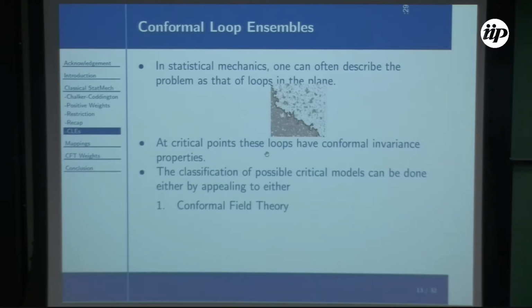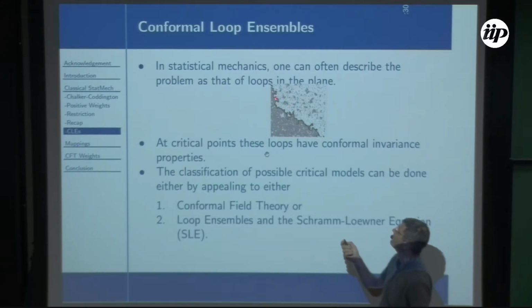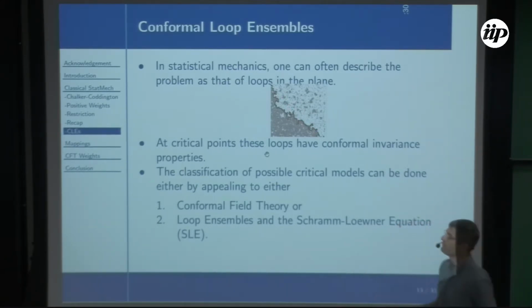But recently, and as we heard from previous talks, there's also the method which is related to the Schramm-Loewner evolution, or the conformal loop ensemble, which is something done by Scott Sheffield, that allows us to deal directly with the clusters themselves, to describe the statistics of these clusters directly without going through conformal field theory, right?